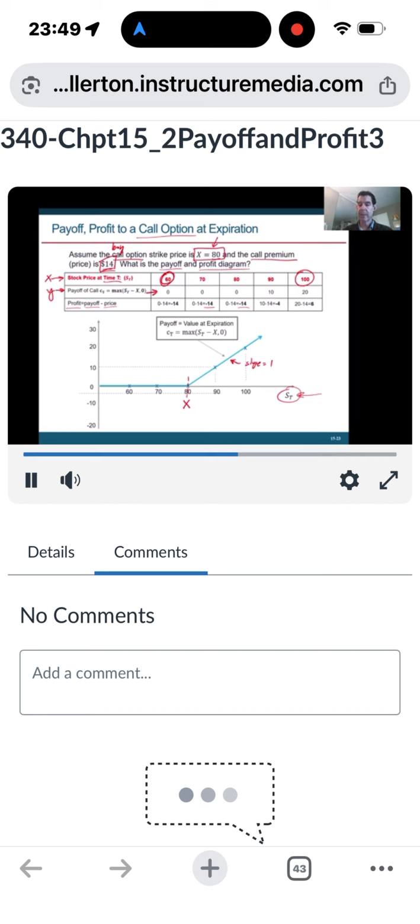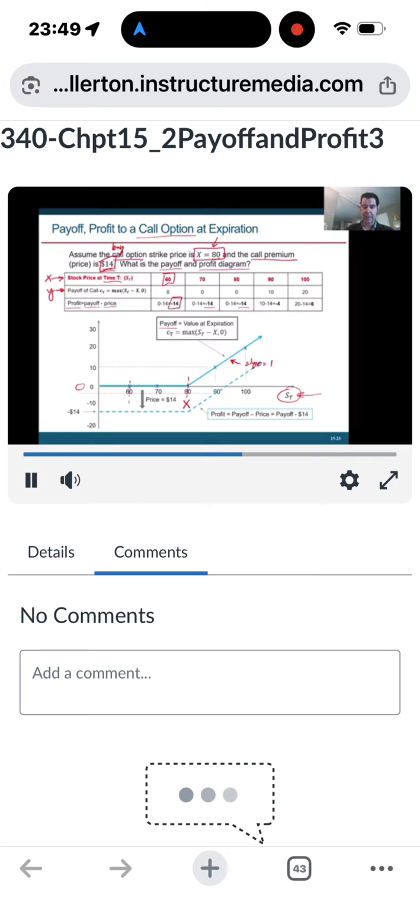Okay. So what does this look like? We know here that the payoff function looks like this ramp. The ramp always starts at 0 and then starts going up. Essentially, to get from the payoff to the profit, all I do is subtract off the price everywhere. So if I plot these points, for example, at 60, the profit is going to be minus 14.